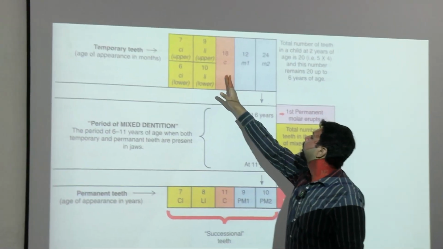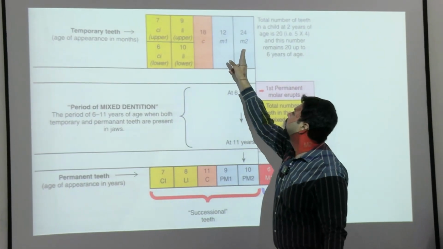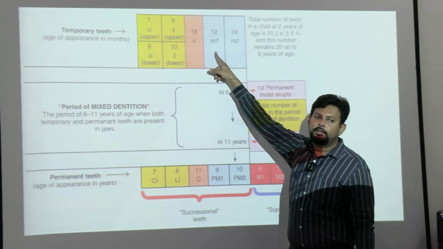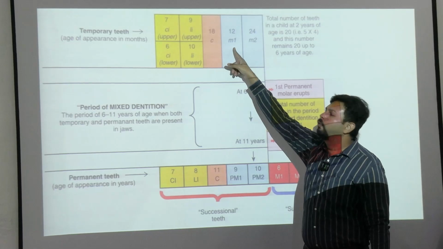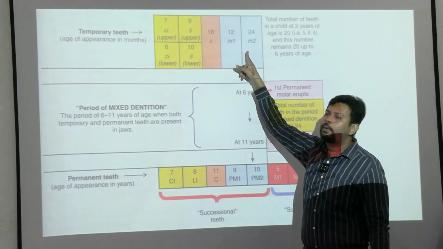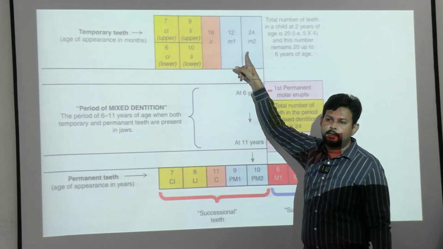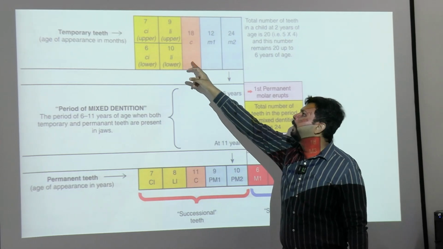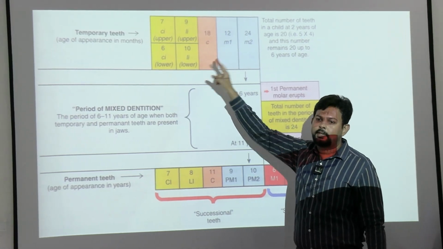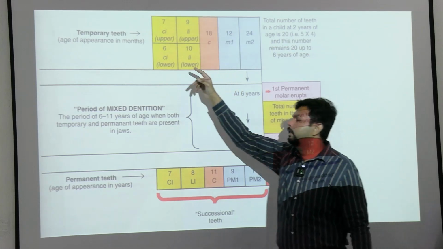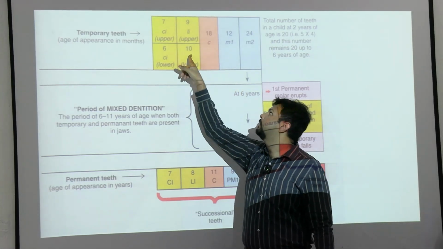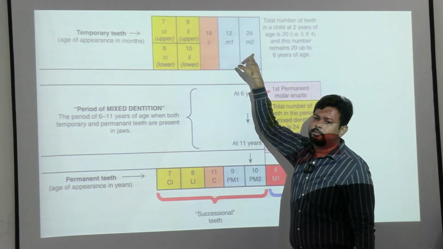Leave this portion. Again come here. First molar of these children, temporary teeth: 12 months, and this is 24 months or 2 years. Easy remembering, and this will be 18 months, canine. 6, 7, 8, 10, here it is 9, it's okay, you can take 9 also. 6, 7, 8, 10, and then 12, 24.